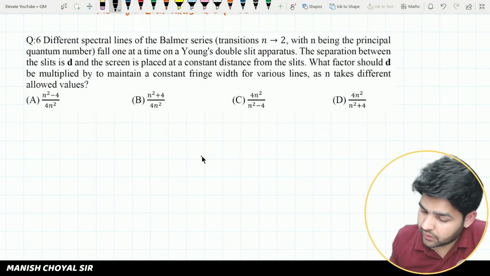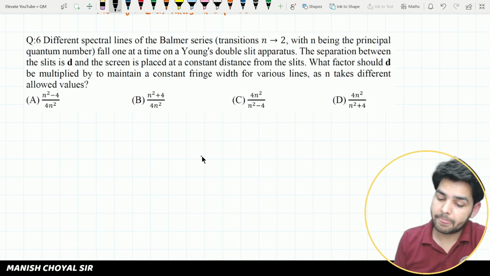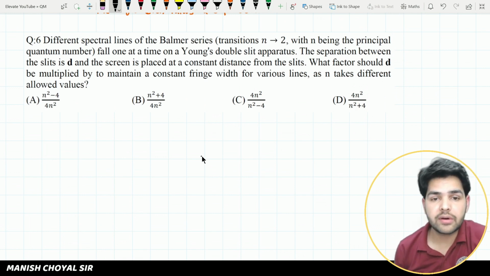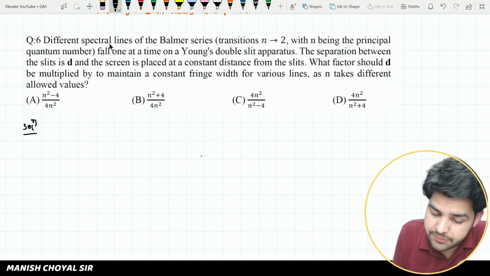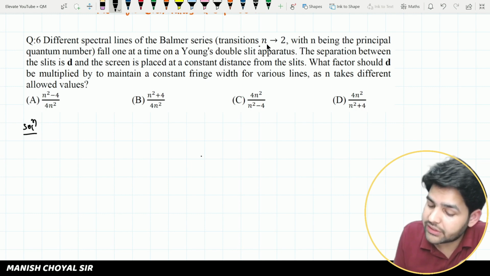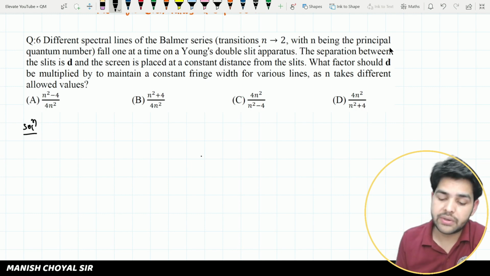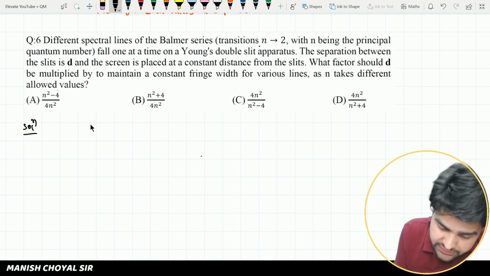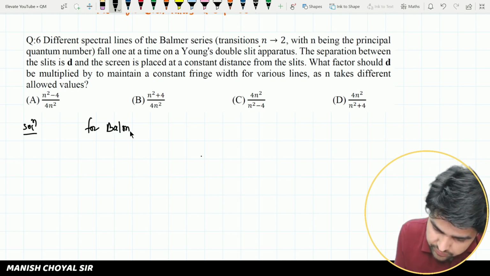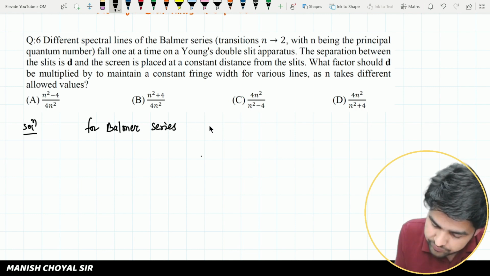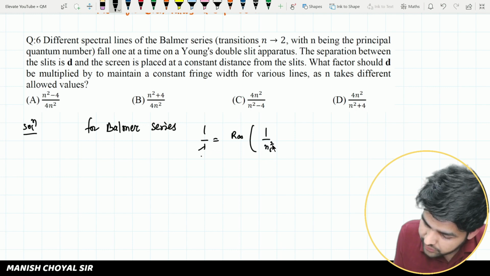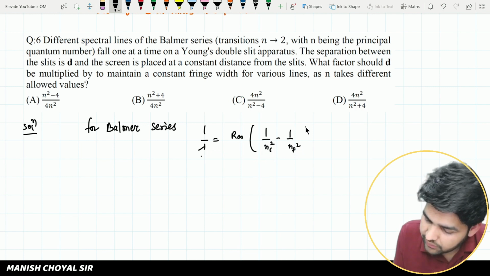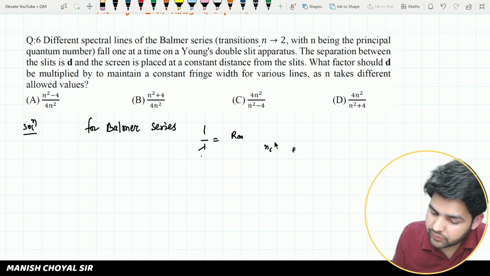Question number 6 is a mixture of optics and atomic-molecular physics. The statement of this question: which is the different spectral line of the Balmer series, transition n to 2, with n the principal quantum number. So for the Balmer series, 1 upon lambda equals R infinity (1 upon ni square minus 1 upon nf square), and we can directly note it down.